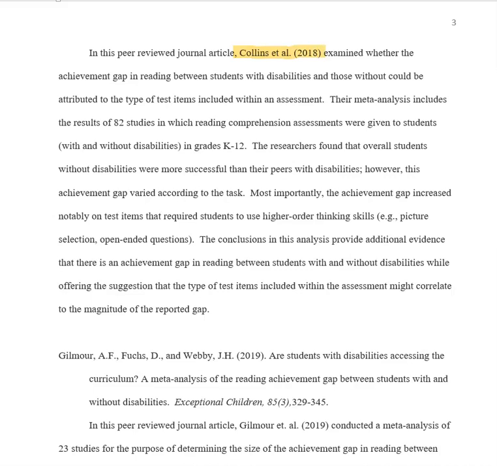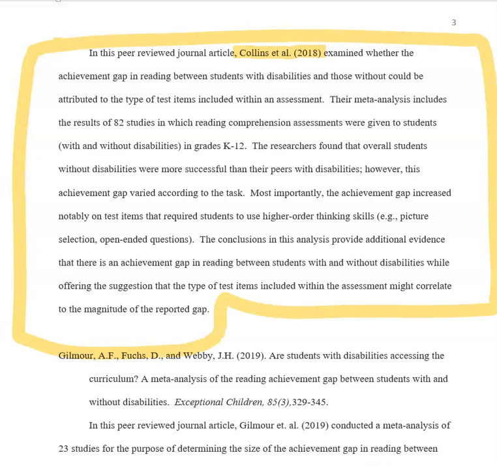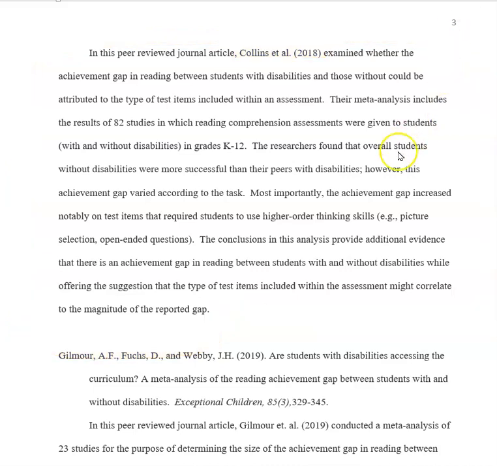Now you might say, well, I just mentioned that right above, but when you are ready to move all of this into your literature review, you're not going to use that reference. So you're going to need to know who this was about and who wrote this. So that's important.